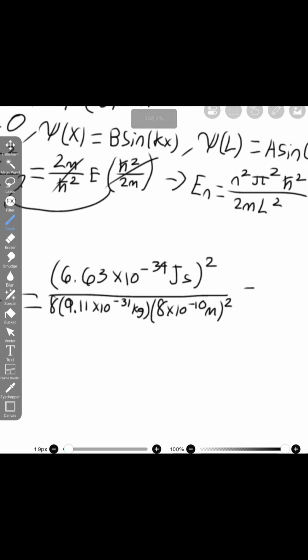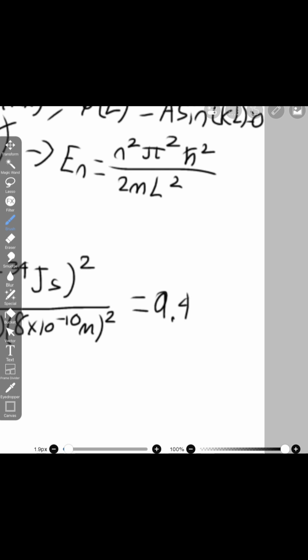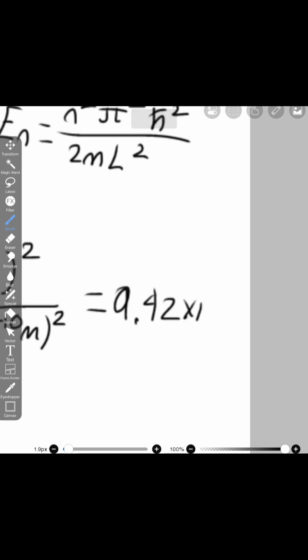I have to use the calculator for this one. I'm using my calculator, and we have 9.42 times 10 to the negative 20 joules.